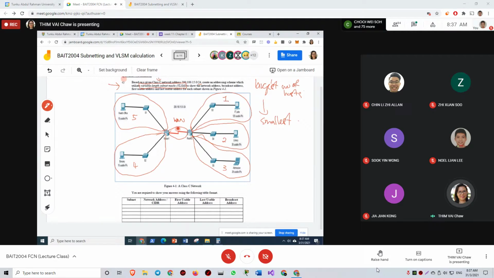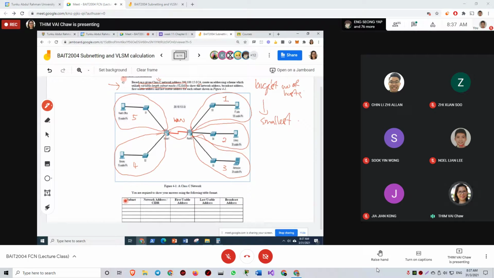You are using a serial cable to join these two routers together. Definitely you need an internet service provider to provide this connection, but the IP address that you configure belongs to your local area network. Now I'm moving on to here.